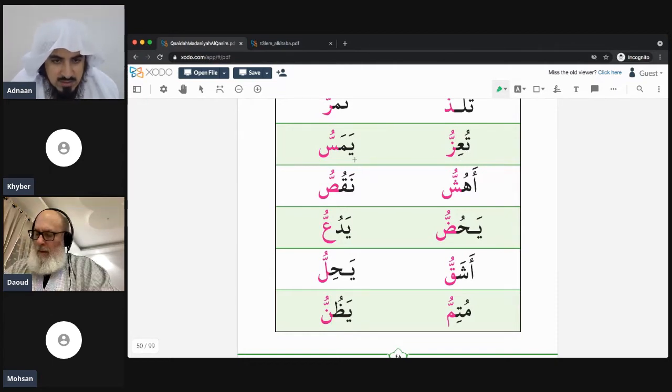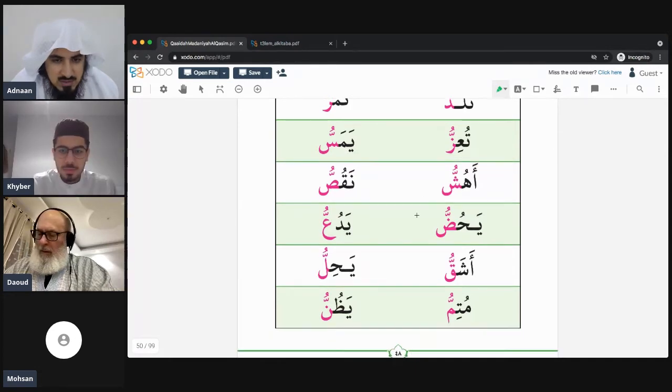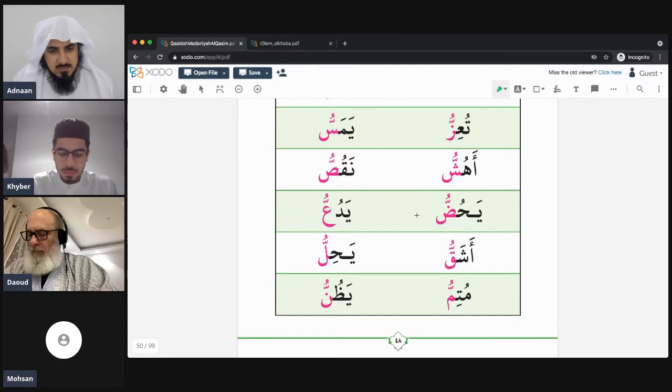Tu'i, tu'izzu. Ya, ma, yama, yamassu. Muhsin.